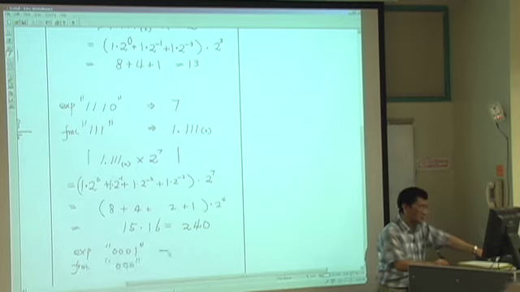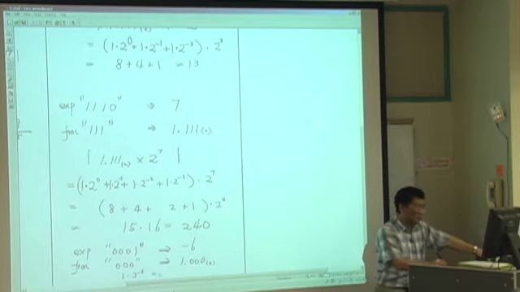Then this represents power -6. And this represents 1.000 in binary. Then it means 1 times 2 to the power of -6, right? Or 1 over 64.